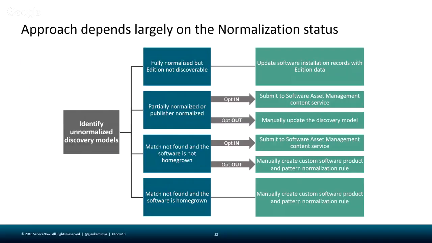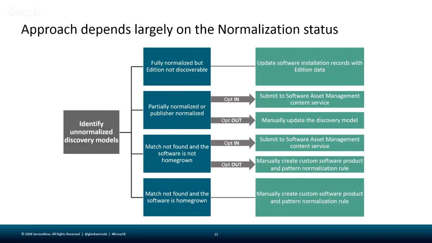So the first step is really to identify any discovery models that are not fully normalized. So the normalization status for fully normalized will show up as normalized. You will have other options, and we'll touch upon these in these next couple of slides. And there are specific steps that you should take based on each of these statuses.